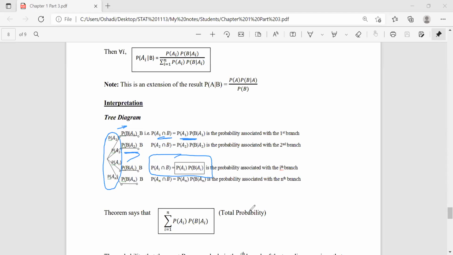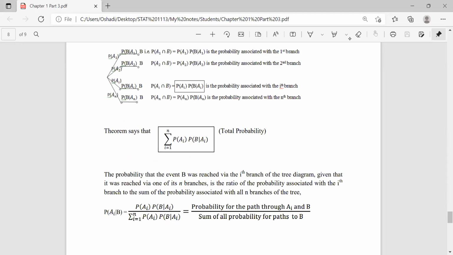So this is the total probability. And the probability that the event B was reached via the ith branch of the tree diagram, given that it was reached via one of its n branches, is the ratio of the probability associated with the ith branch to the sum of the probabilities associated with all n branches of the tree. So this is the Bayes theorem actually.